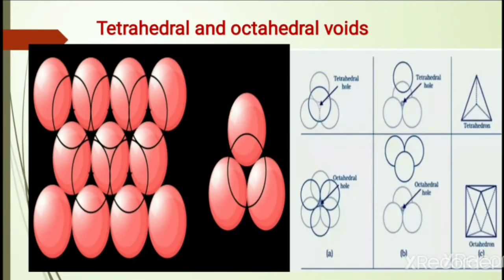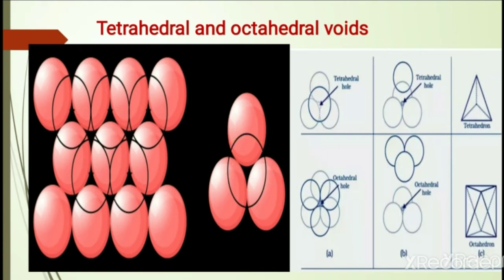See here, the first layer is A type, the second layer is B type, the third one is A type. Means the first and second layers are different. They are placed in a staggered manner, in the depressions. See here, these three atoms are below and one is placed above. You know the tetrahedral structure is like this.